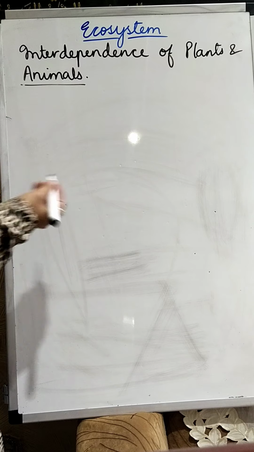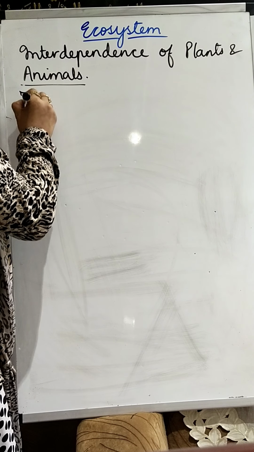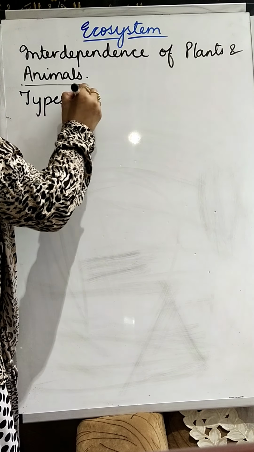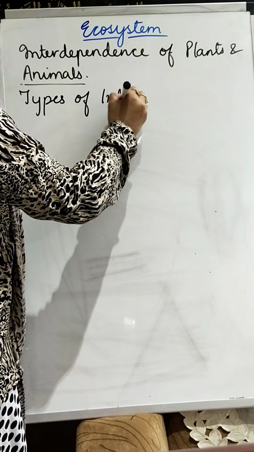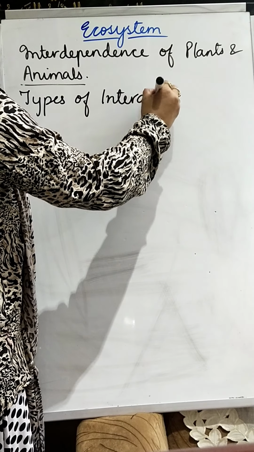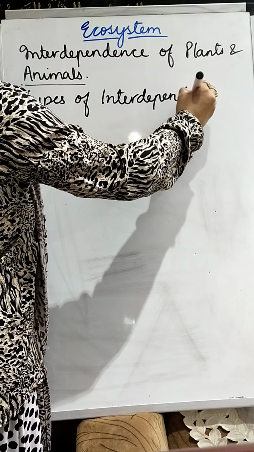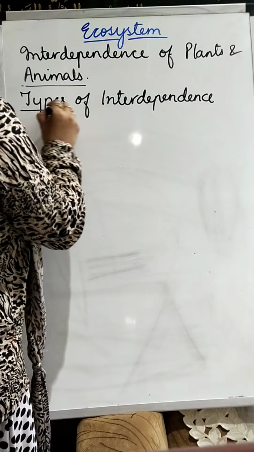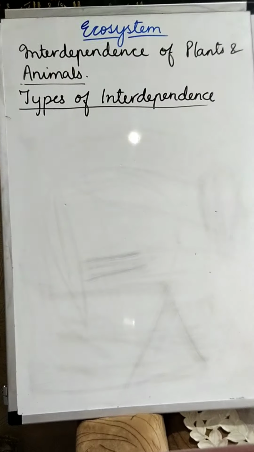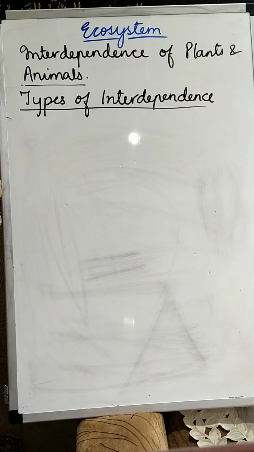Now we will see the types of interdependence. Types of interdependence means living organisms are interdependent in many ways.